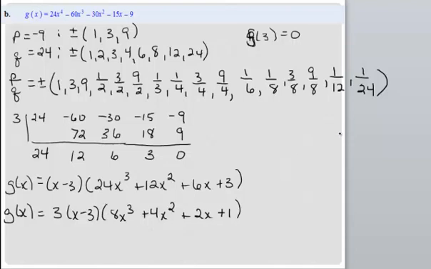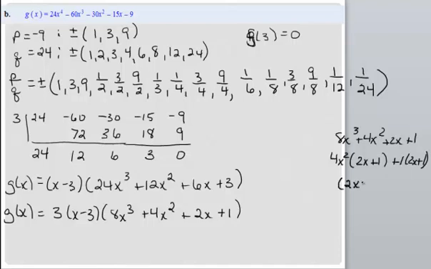Let's see, come over here to the side. 8x cubed plus 4x squared plus 2x plus 1. We can factor out a 4x squared. We'll be left with a 2x plus 1. We can factor out a 1 and we're left with 2x plus 1.